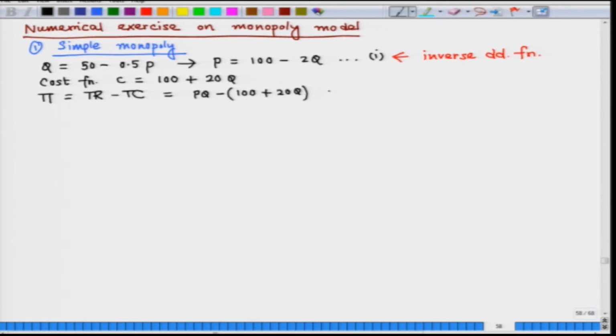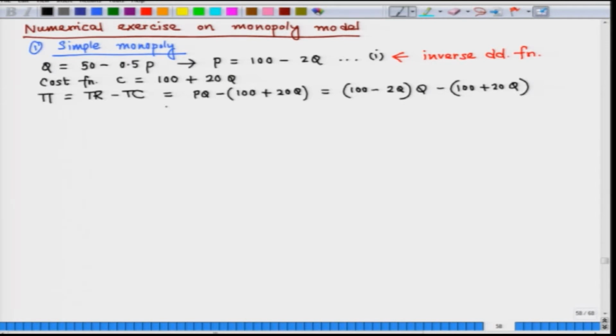Now, we need to use the inverse demand function expression number 1 in this profit expression, and if we do so, we get, right.